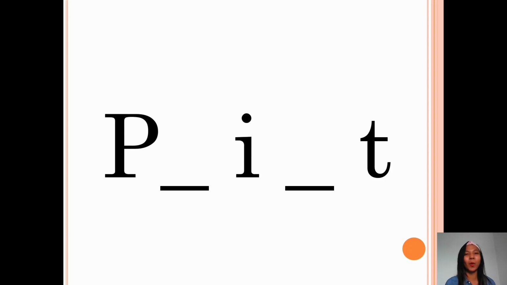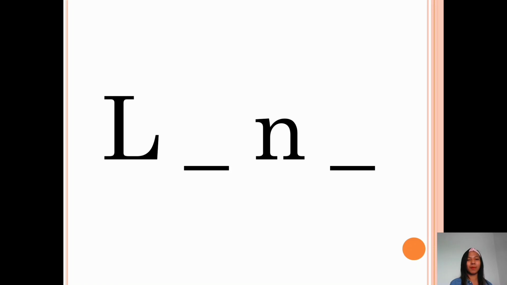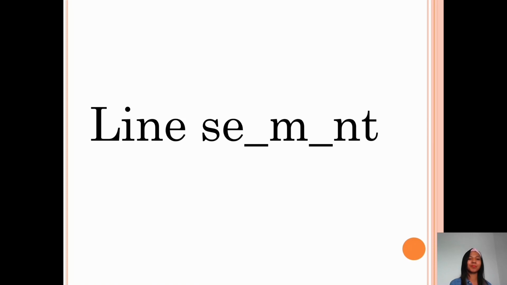Next, spelling time. Can you spell out the word? What are the missing letters? Letters O and N. Very good. So, point, P-O-I-N-T. Next, what are the missing letters? Letters I and E. So it's a line. Next, the missing letters are G and E. So, line segment.